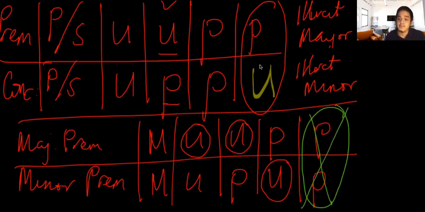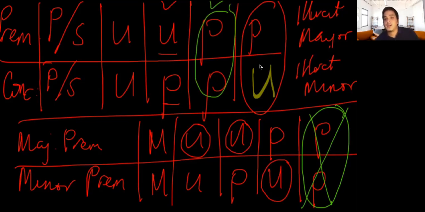For the middle term, you cannot confuse this structure with how the major and the minor terms are put in the premise and the conclusion. So why is it different?